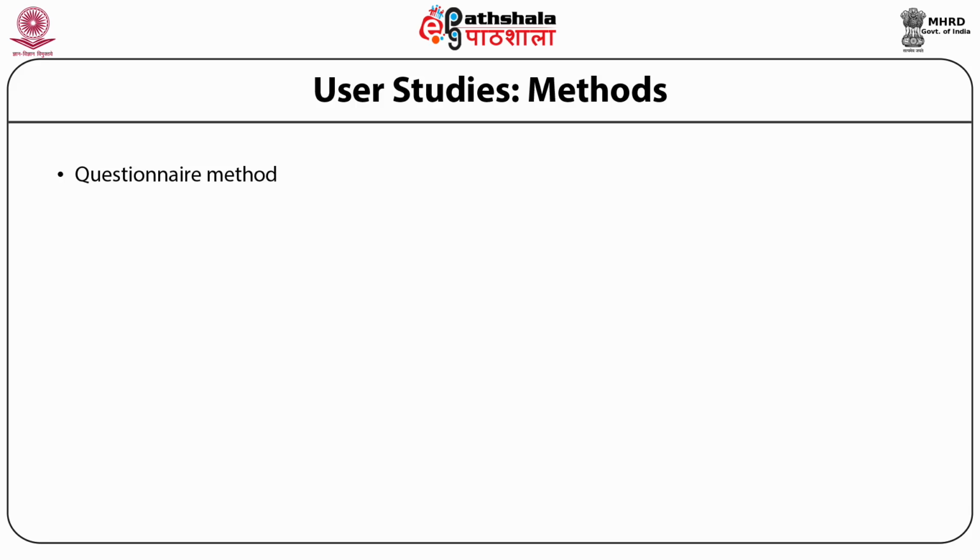But it's very important that in this method, the questions framed in the questionnaire must be very simple, straightforward, clear, without any implication, so that better results are obtained from the users about their needs.